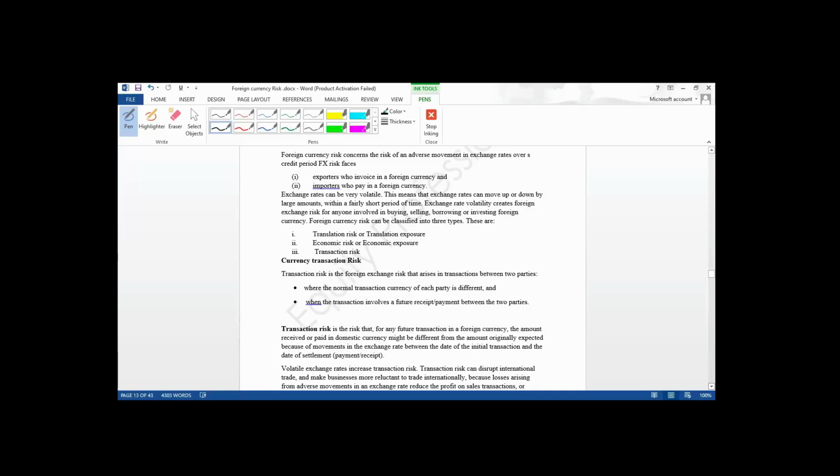Today, 30th March, you enter into a transaction in foreign currency, and you have to pay on 1st of May.